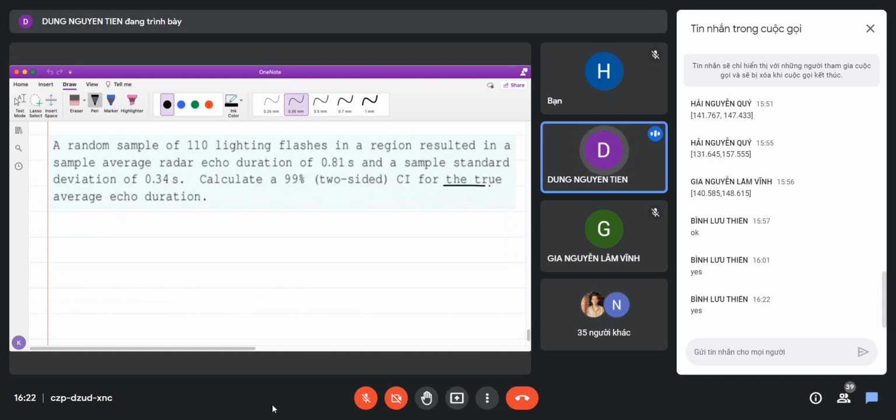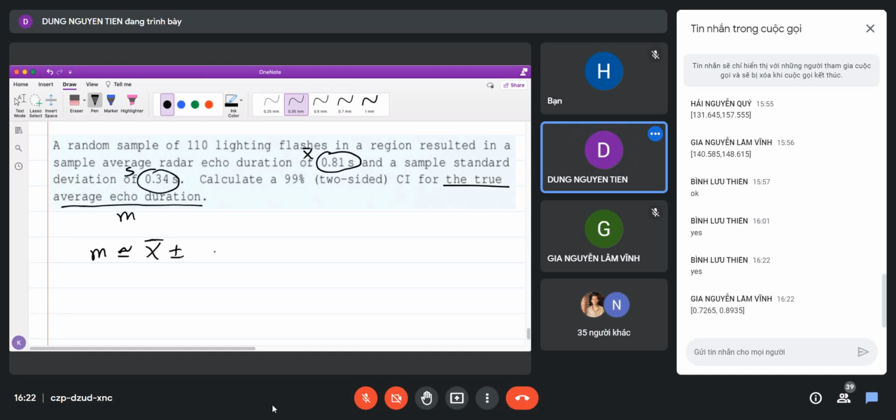Suppose that m is the true average duration. That's m. This is the sample mean, x bar, and the sample standard deviation is 0.34. That is s. Then I can get m approximately equal to x bar plus or minus z alpha over 2 times s over the square root of n.